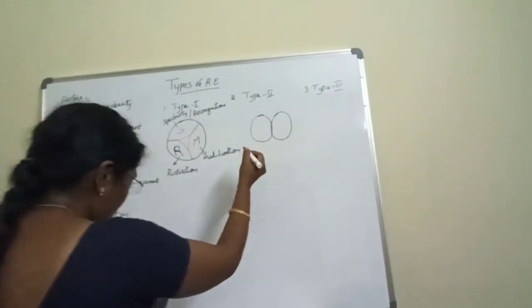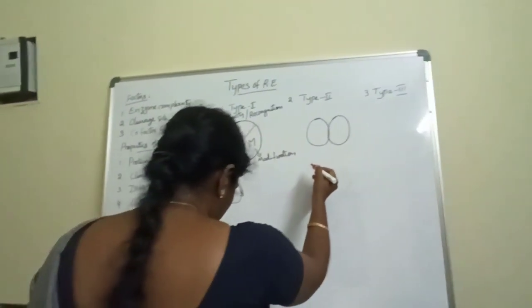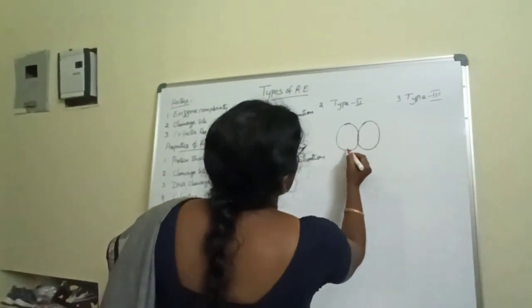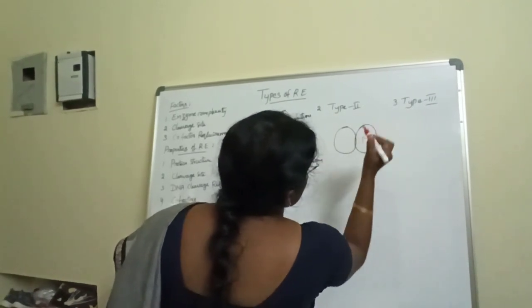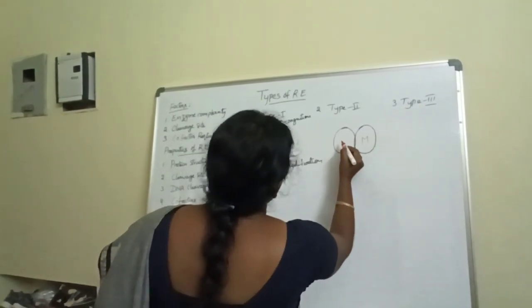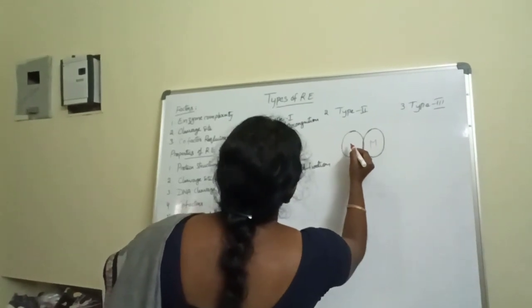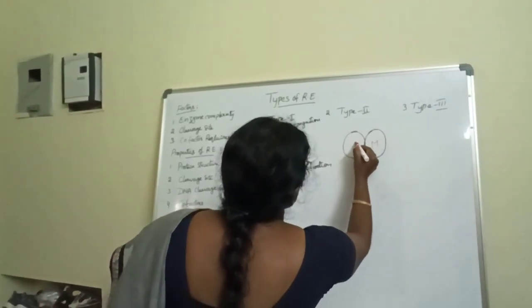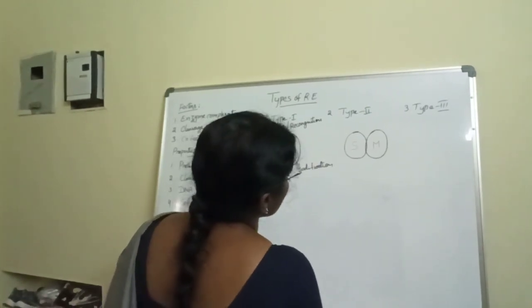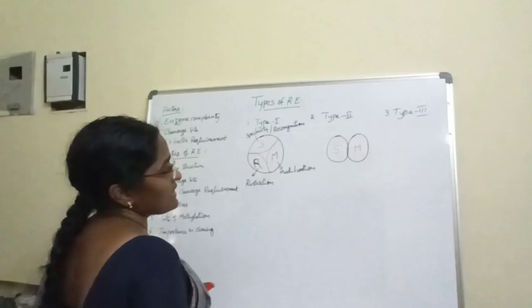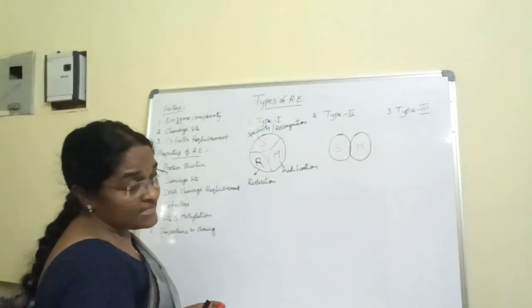Here in type 2 enzymes, one enzyme is responsible for modification and another one is responsible for specificity.